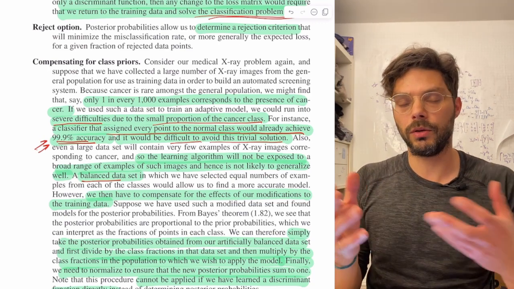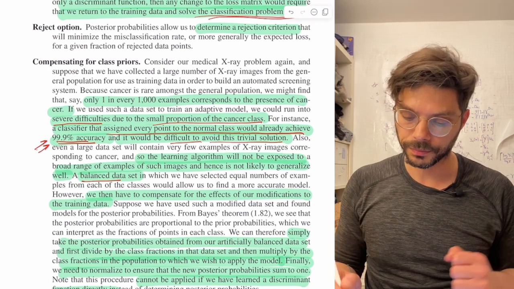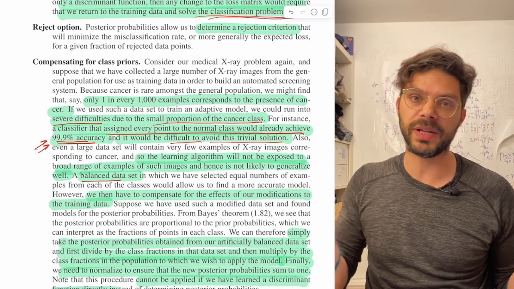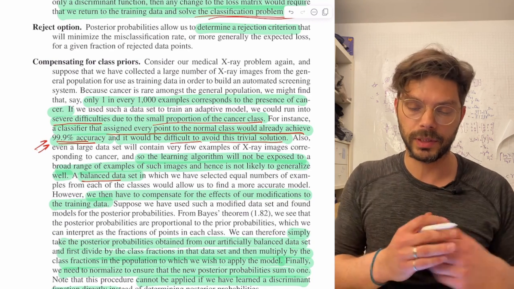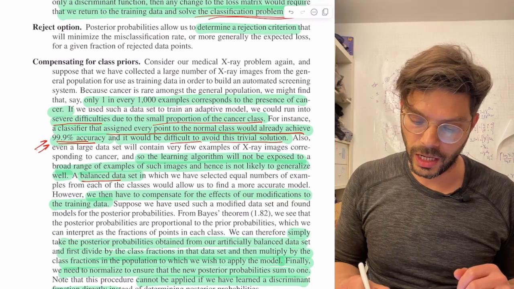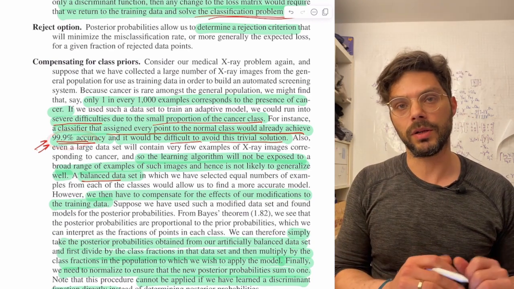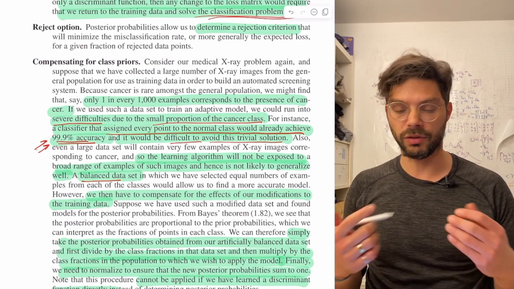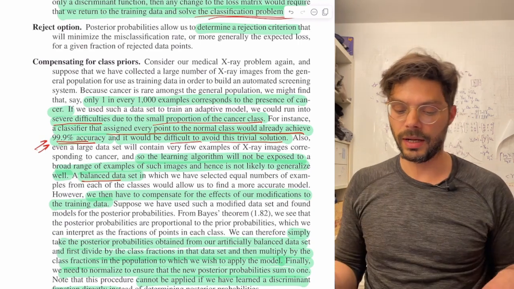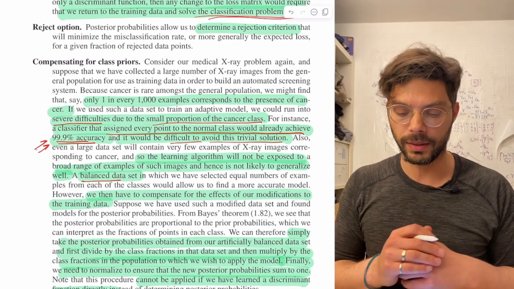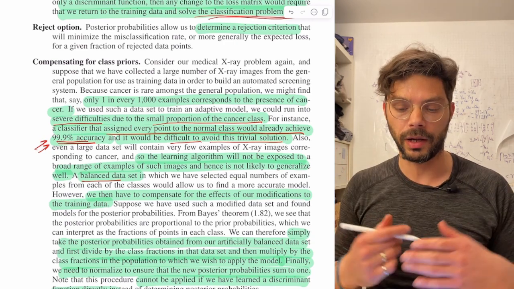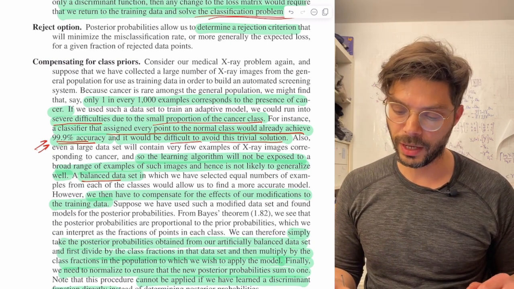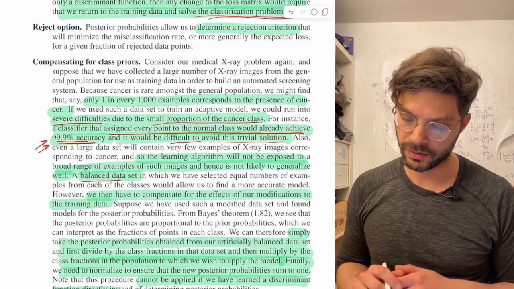Now if you were to learn a model to classify images, the trivial model that just maps everything to no cancer would have 99.9% accuracy. That would be because your data set is so unbalanced that it's very easy to get very high accuracy by just classifying everything as normal. And it would be difficult to avoid that solution.